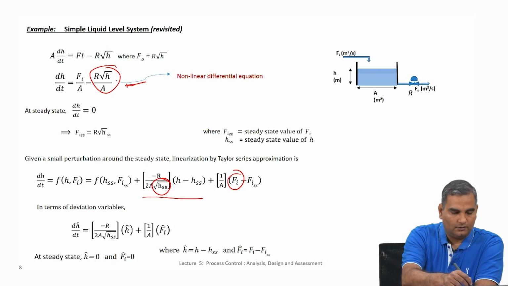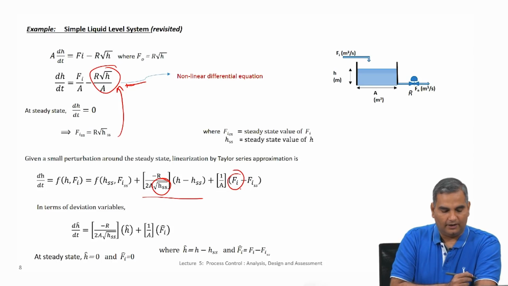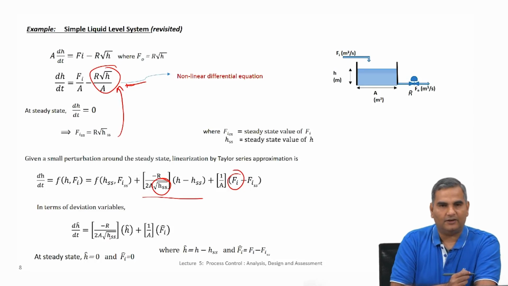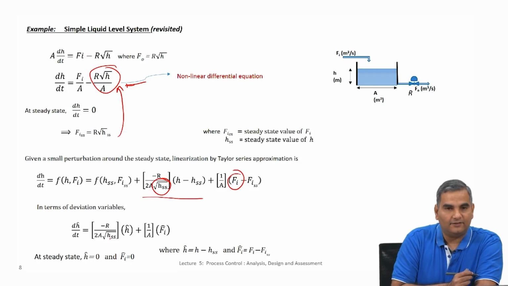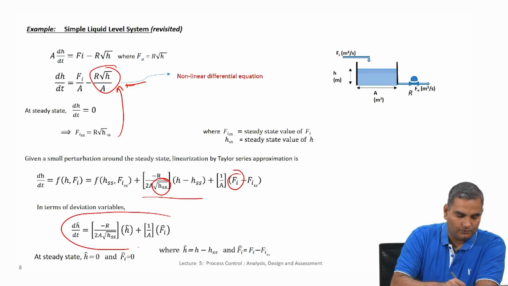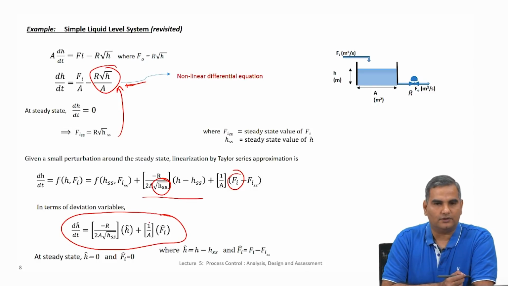Once I do this Taylor series approximation of this equation, I can subtract this equation from that equation and write everything in deviation variable form. When you write these in deviation variable form and evaluate the first derivative at the steady state or operating value, you will come up with an equation of this form. This is very simple algebra that you should try and do yourself.